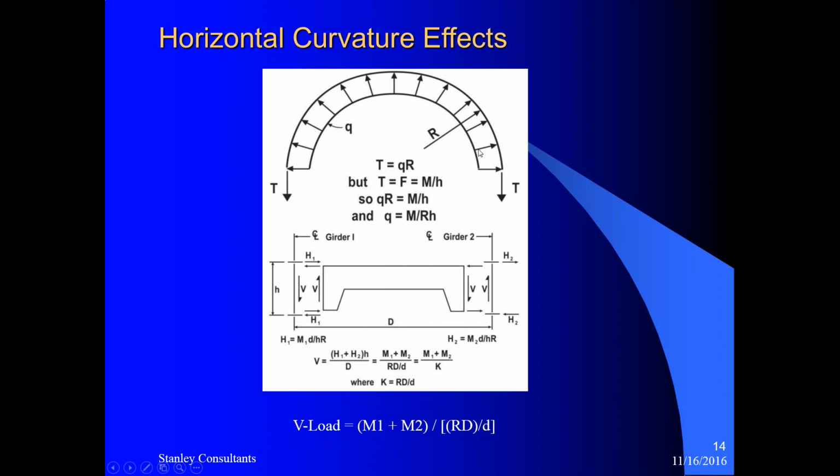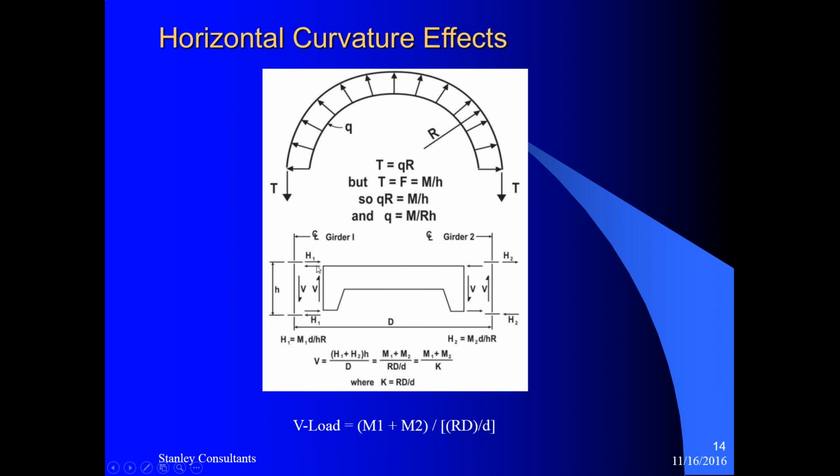Now, if we look at this two girder system, the top flange will be in a positive moment region. It will be in compression, and the bottom flange will be in tension.